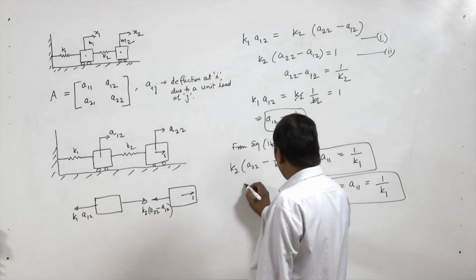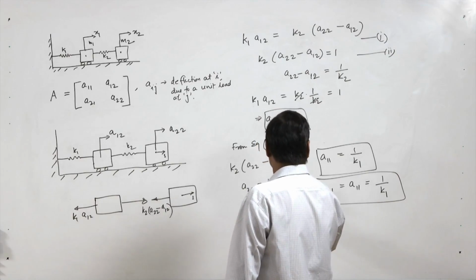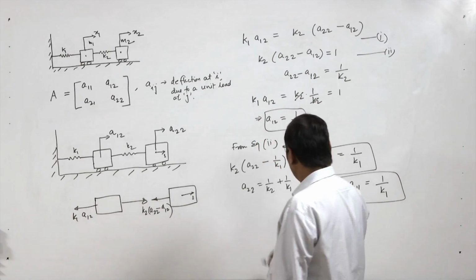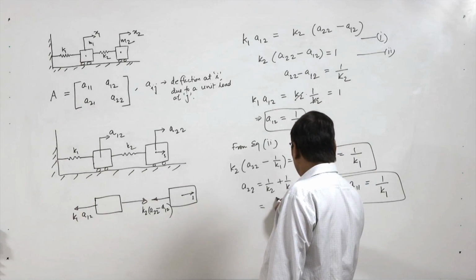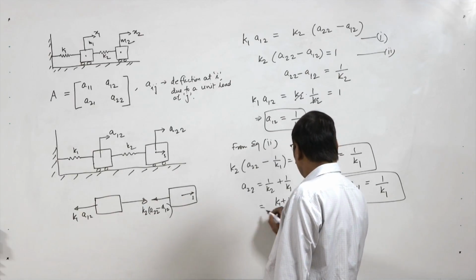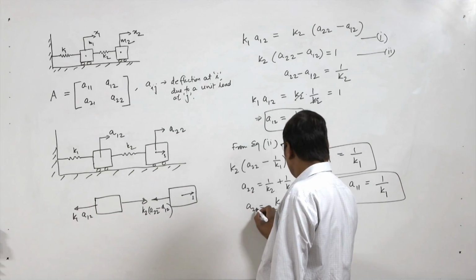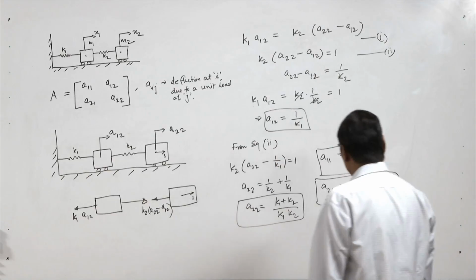So now we will have A22 equal to 1 by K2 plus 1 by K1, and so it is (K1 plus K2) upon K1 K2. So this is another influence coefficient.